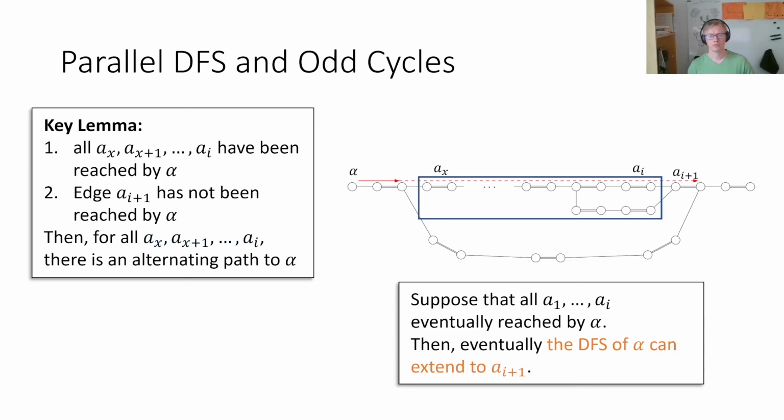And what we can now show is that alpha will keep this path from A x to A i in memory, then the DFS search will eventually backtrack to the edge I displayed on the left, and then we have all the necessary information to extend this short DFS search over this blue box to the right.